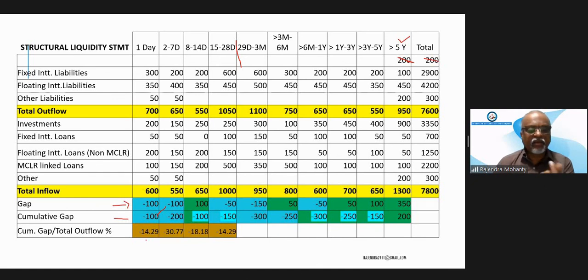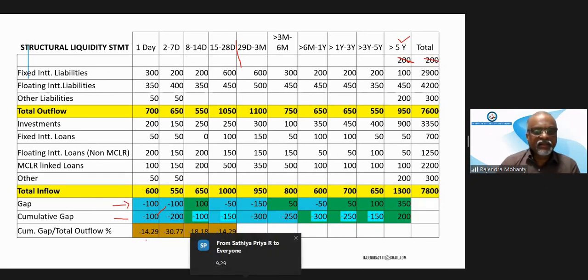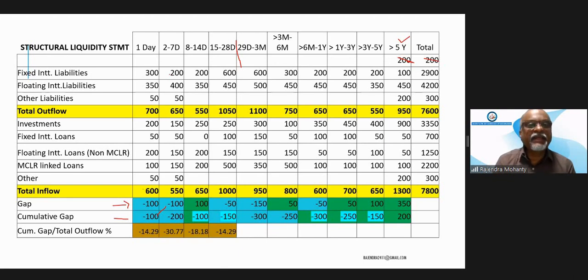And it is 14.29%. So what is the excess? 9.29. So if the question asks what is the position of the first day as far as the RBI prescription is concerned, you can say that it has exceeded the limit. The question might be asked how much it has exceeded the limit. So required is 5%, but you have 14.29%, which means 9.29 is the excess.